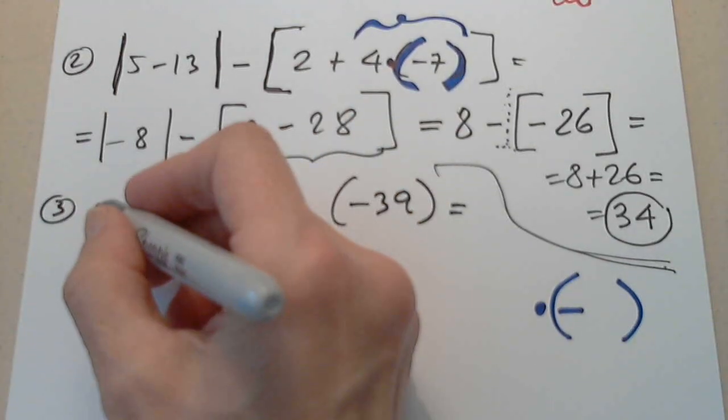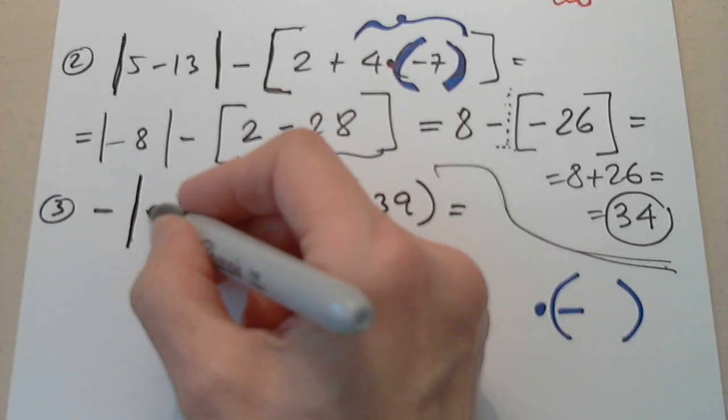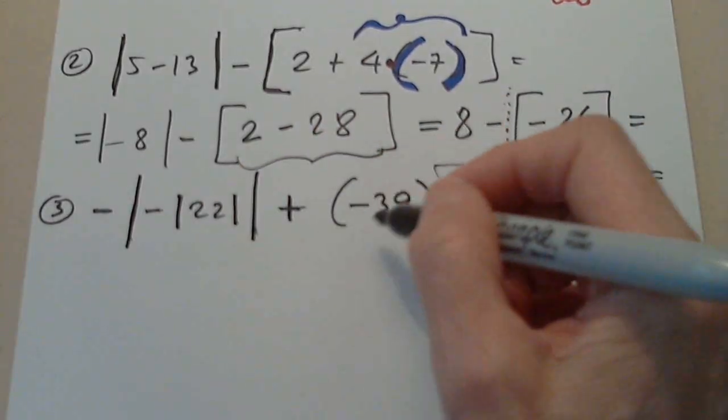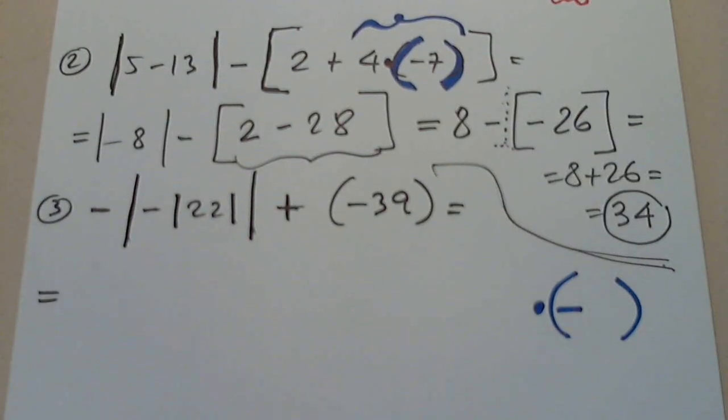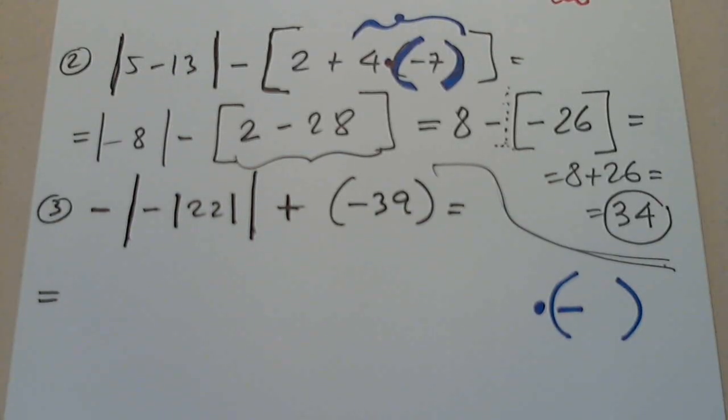So, a negative outside, absolute value, a negative inside, and again absolute value, plus, in parentheses, negative 39. Negative 61.